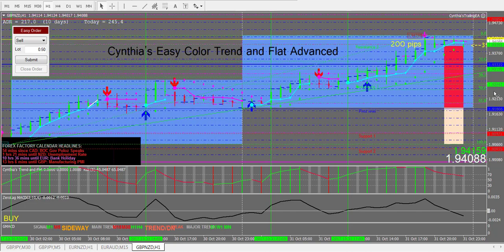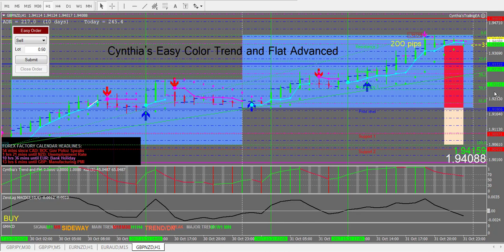So I'm looking at the pound New Zealand dollar in the 1 hour time frame, and this finds the latest major support and resistance, and with one click it'll place my take profit and stop, and I can drag these up and down on my chart if I want to increase my risk to reward ratio.